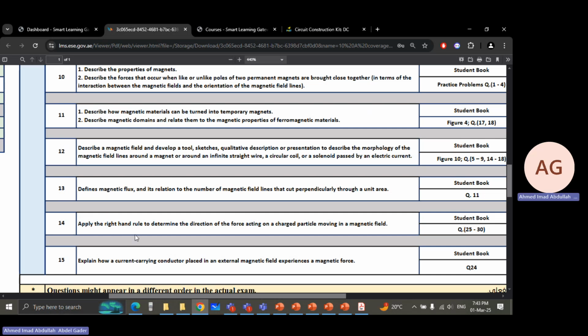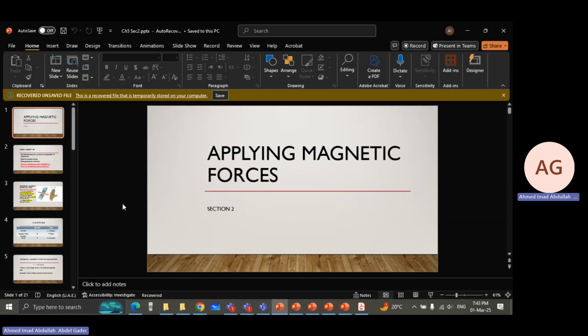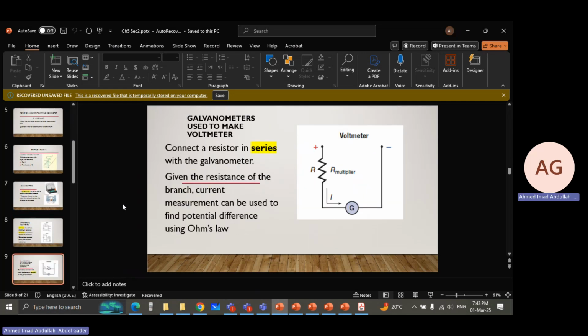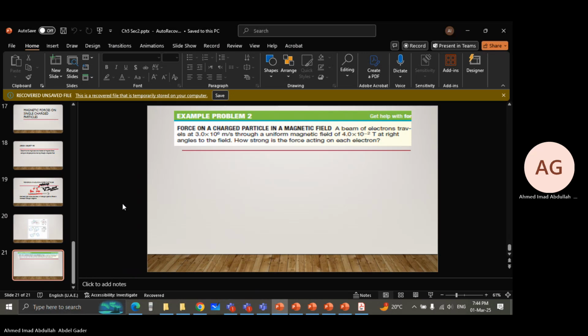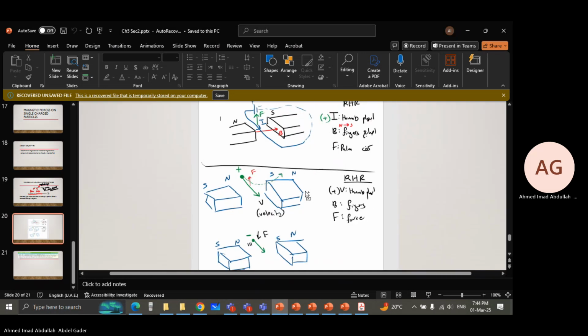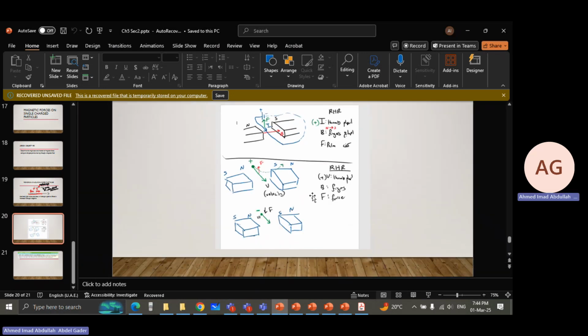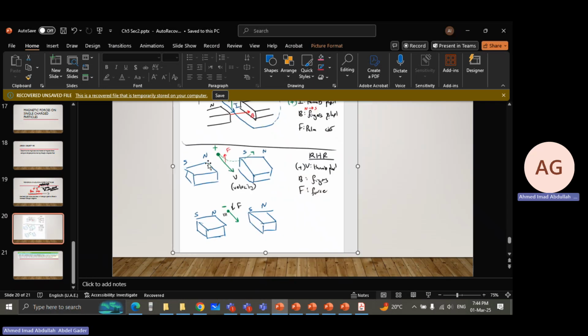Question number 14. Apply the right-hand rule to determine the direction of the force acting on a charged particle moving in a magnetic field. So let's go ahead and do that. If we have a single charge moving through a magnetic field, let's consider this example in the figure here, this middle one.